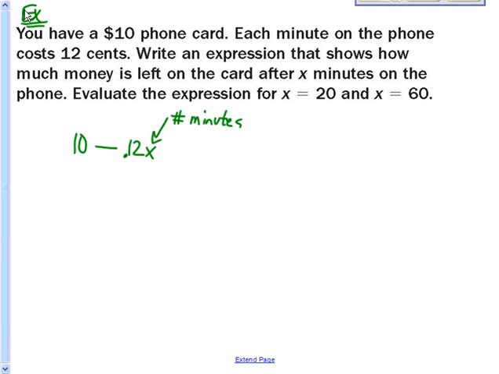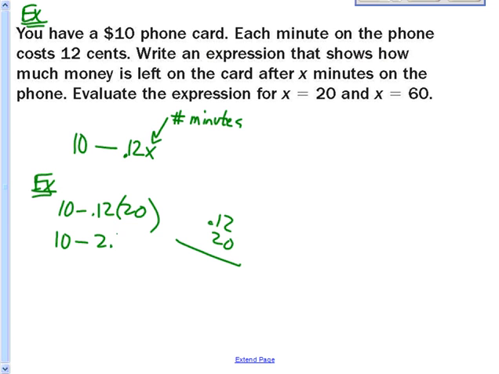Do this below here. 10 minus 0.12 times 20. So that's 10 minus, let's see, 0.12 times 20 would be $2.40. So it looks like we have $7.60. Of course, you'd multiply that out if you needed to do it that way.